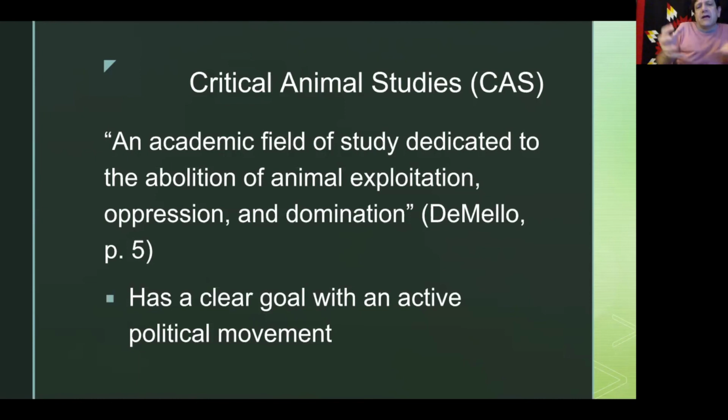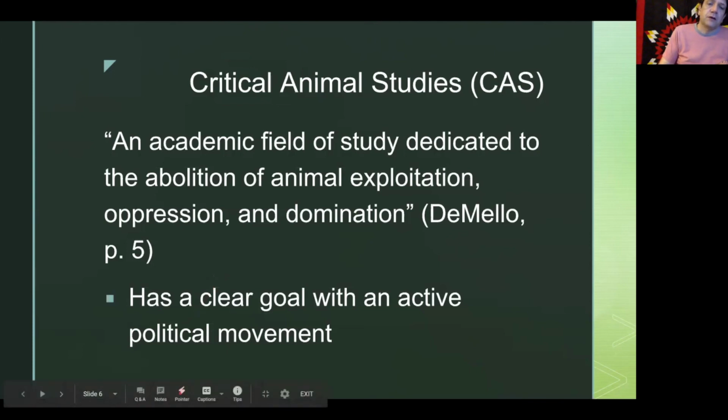And so human-animal studies might include those folks who are not going to say this is wrong and we should end it. But it may also include some folks who would fall within critical animal studies who say we're for the abolition of human exploitation, oppression, and domination. So keep that in mind, that critical animal studies and human-animal studies are not exactly the same thing, even though they overlap quite a bit.